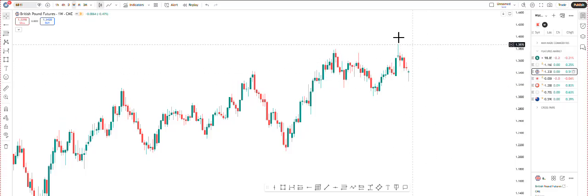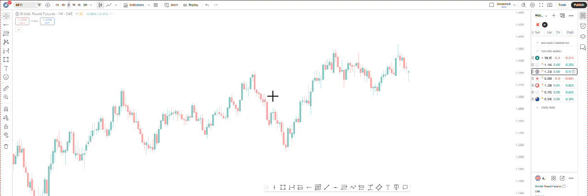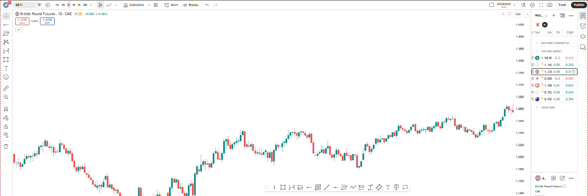Currently, what I'm seeing on the pounds chart is that when you look at the market from around here, I think we have a supply zone also around this area. When we move down to the daily time frame, we would see it clearly.